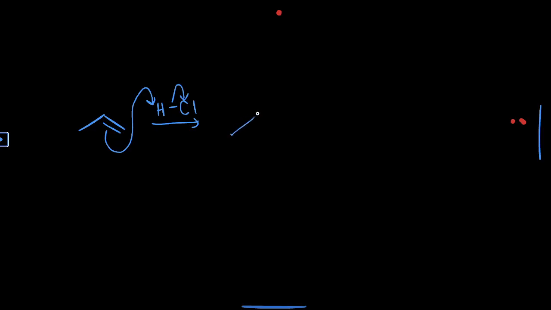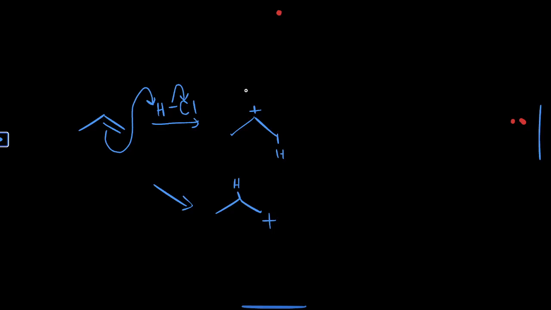But there are two possibilities, as we saw before. We can either have our hydrogen attach to this carbon, forming a carbocation over here, or we could form this alternative intermediate where the hydrogen attaches to this carbon, forming a carbocation on this carbon. So which one here is going to be the major product or the major contributor here?